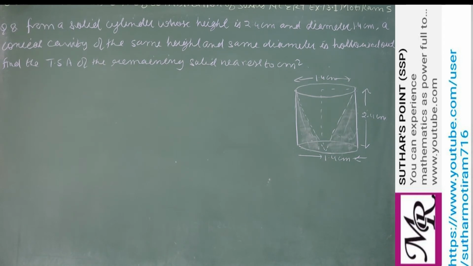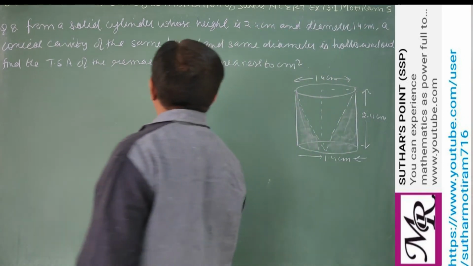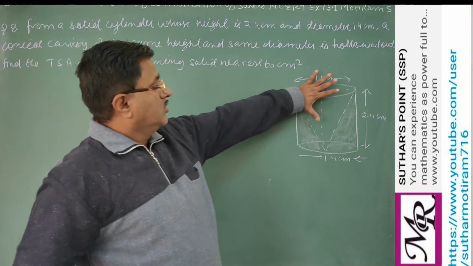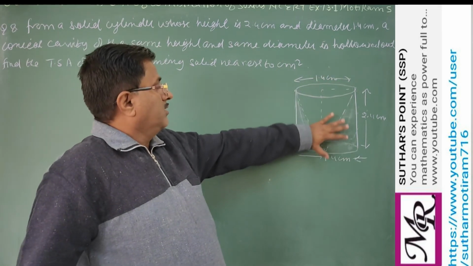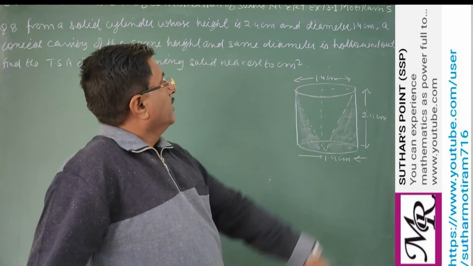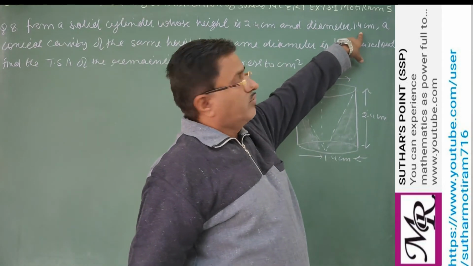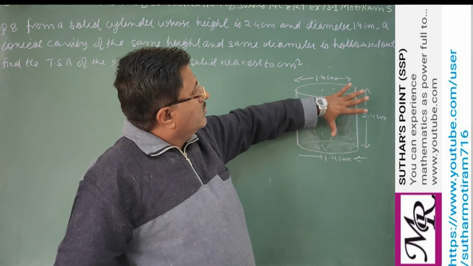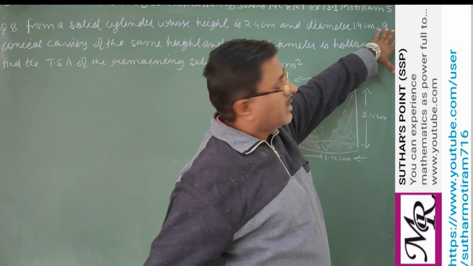Dear student, next question, see. From a solid cylinder whose height is 2.4 centimeter, we are given a solid cylinder of any material whose height is 2.4 centimeter and diameter 1.4 centimeter. Then what is said?